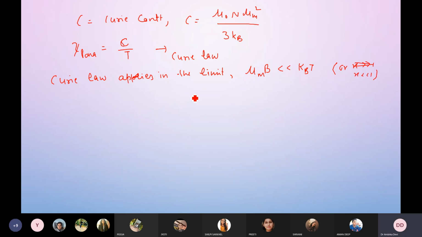Okay, so if you plot a graph between temperature and inverse of susceptibility for paramagnetic materials, you'll get a straight line. Okay, for this particular situation when x is very much less than 1. So this was case 1.